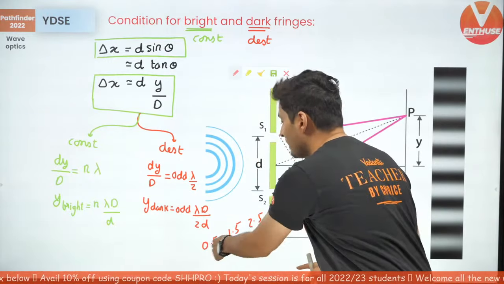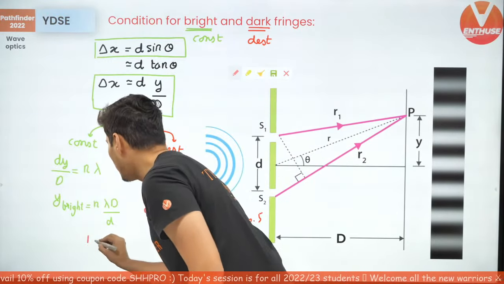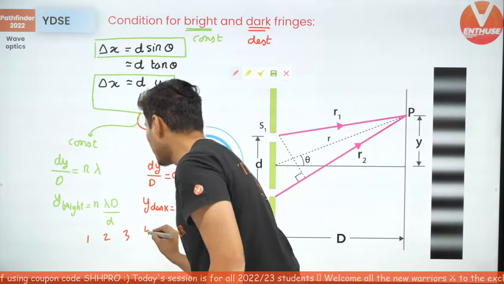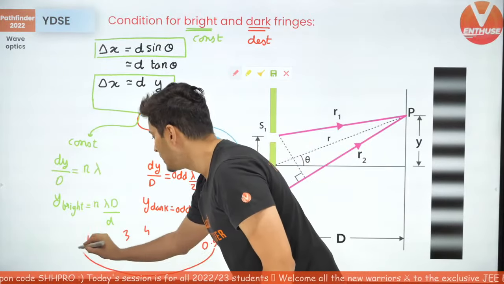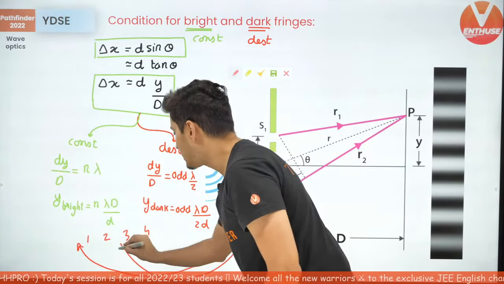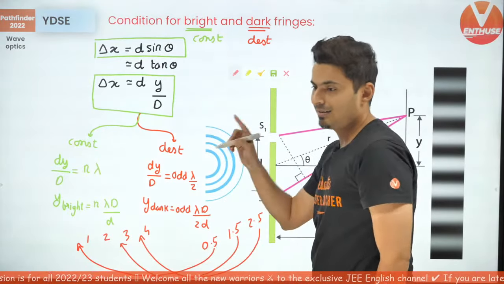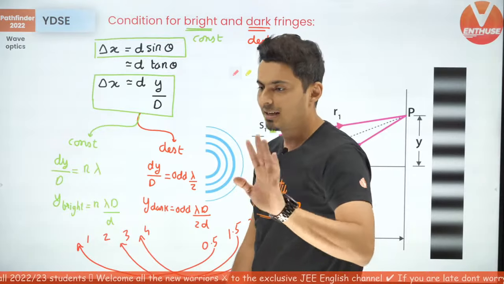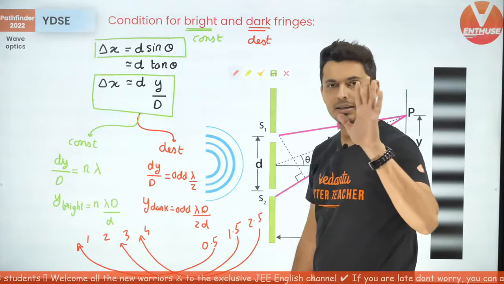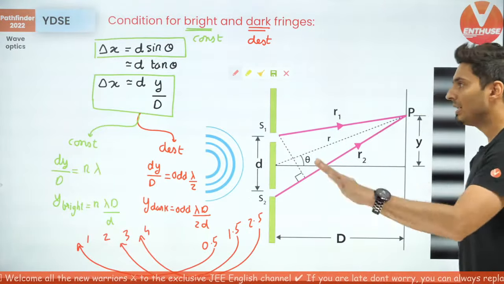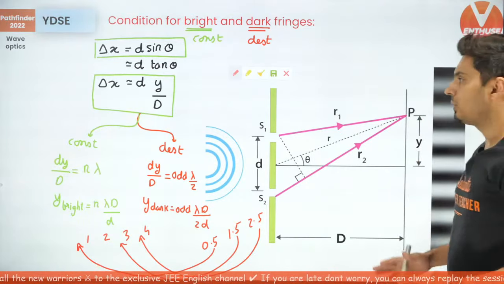You can see these numbers are exactly in between 1, 2, 3, 4. That's why you get alternate bright and dark fringes. Is that now obvious? Is that now clear? Please let me know if you have got it.